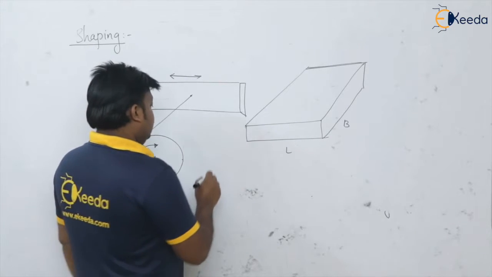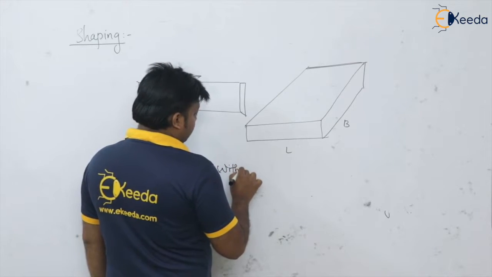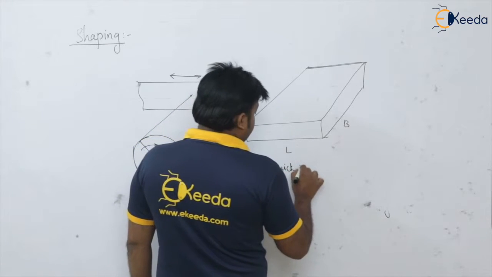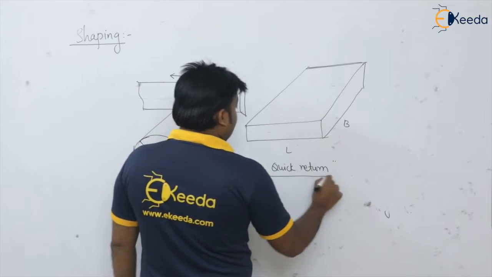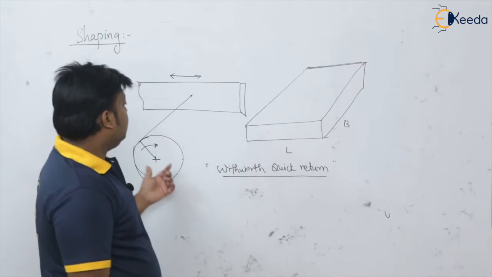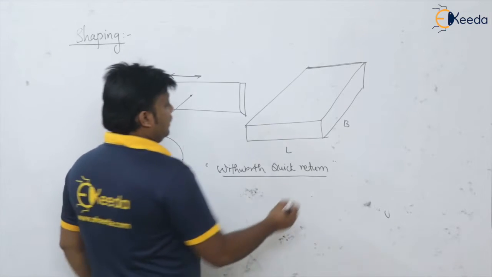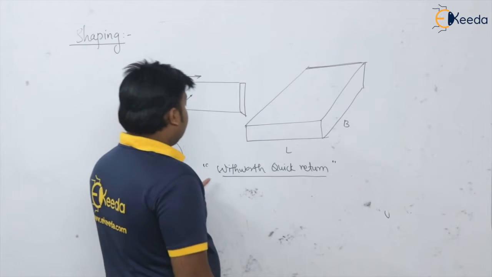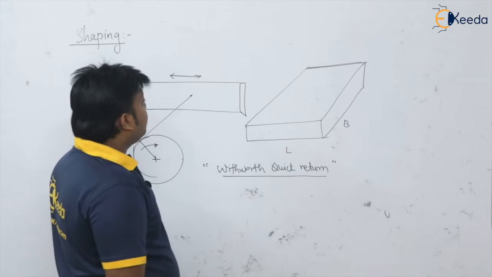So the mechanism that we are using here is the Whitworth quick return mechanism, which is one of the inversions of single slider crank, isn't it? So to get this return stroke with high speed, we are having this Whitworth quick return mechanism here.